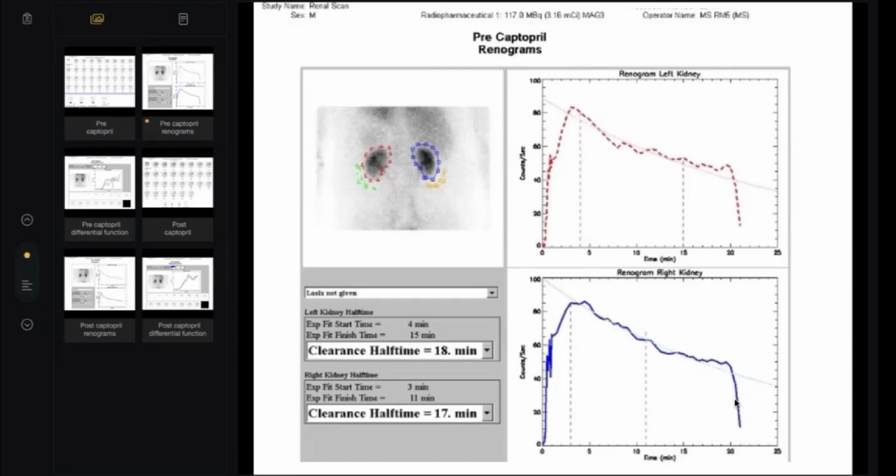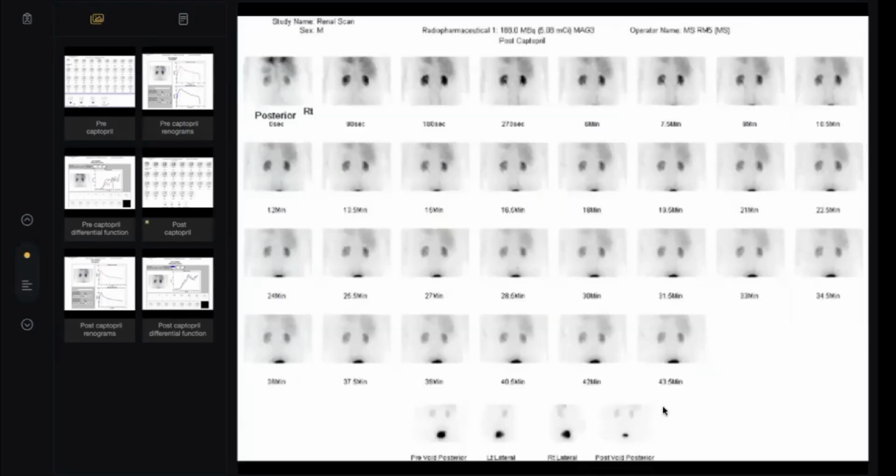In most kidneys, from 15 to 20 minutes, you must see no residual activity. See here, about 21. So the complete excretion happens here at 20 minutes.